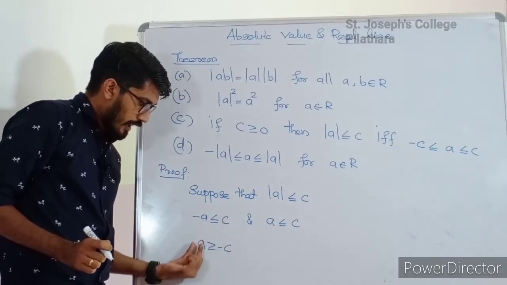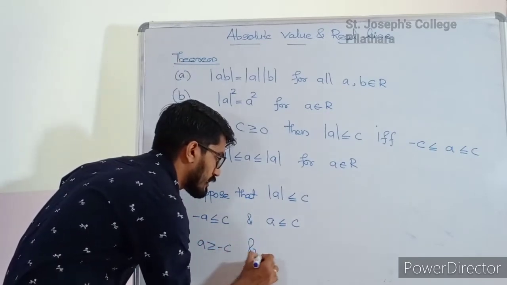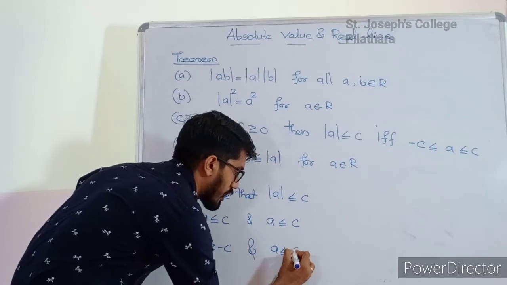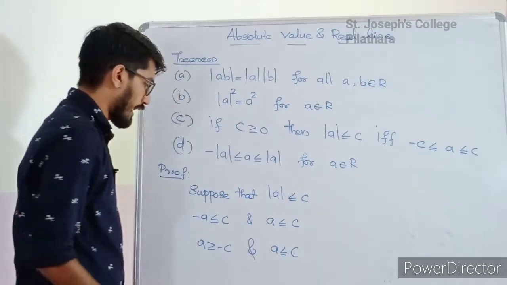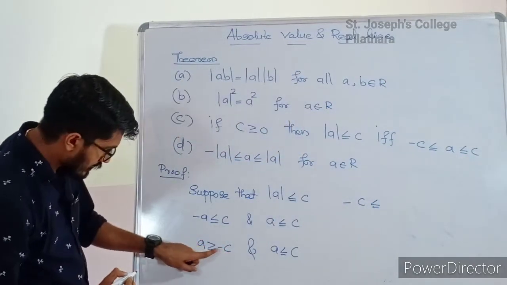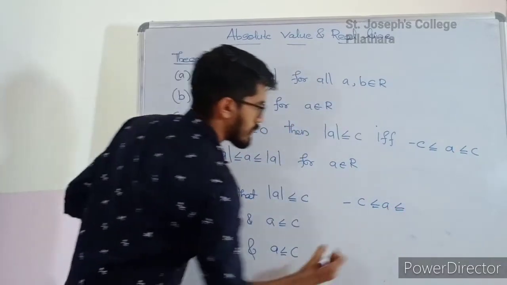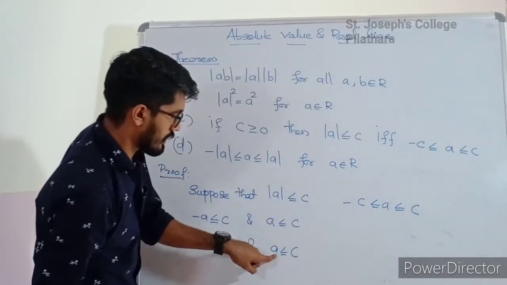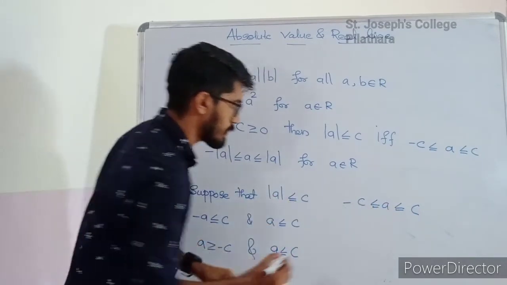Therefore we can write A greater than or equal to minus C and A less than or equal to C. Combining these two terms, we can write minus C less than or equal to A less than or equal to C.